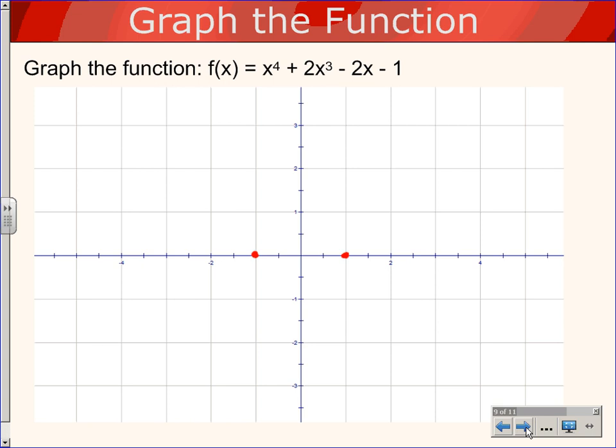So 0.5, minus 1.7-ish, around there or so. Okay. Now, that point, the blue one, and I'm going to color this one blue too. Those are both horizontal tangents, right? They're both horizontal tangents.